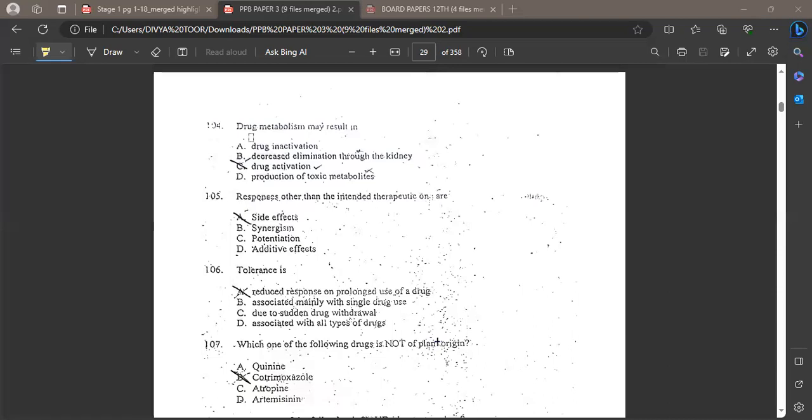Divya, I also still agree these questions also have mistakes, because production of toxic metabolites is not really an answer. It's actually an answer because when you take paracetamol, one of the byproducts, immediately as it's being metabolized, is actually a toxic product, the NAPQI. Or prodrugs, they'll be metabolized to the active drugs immediately, so they'll be activated.